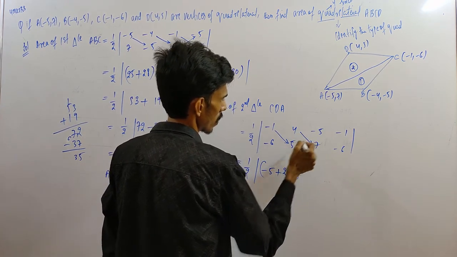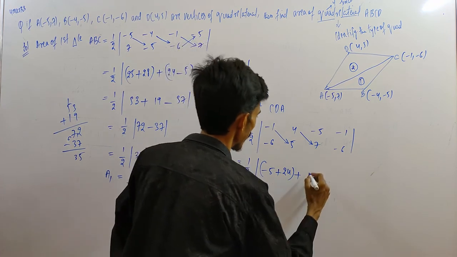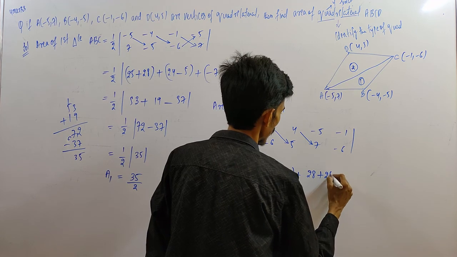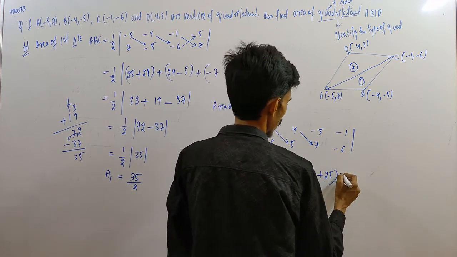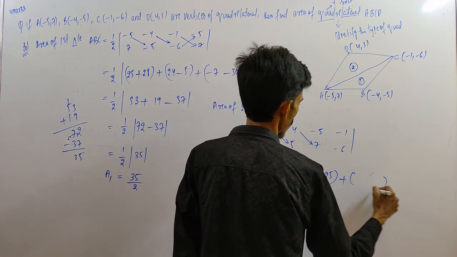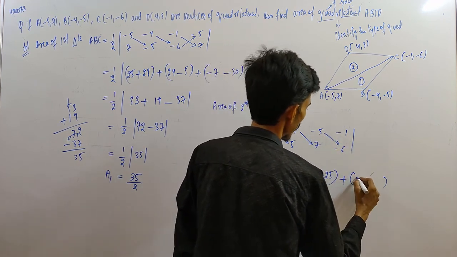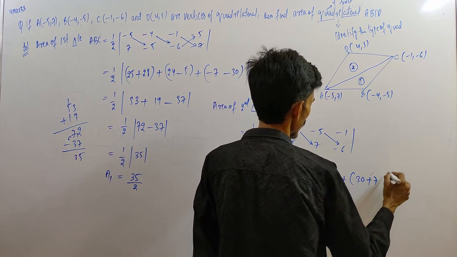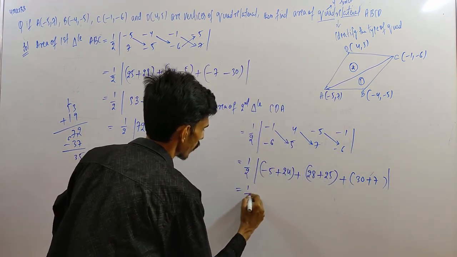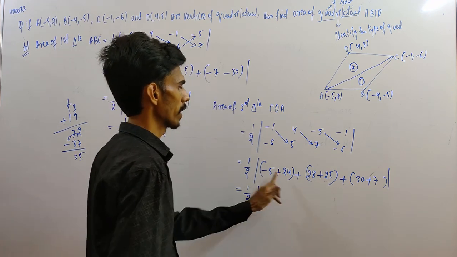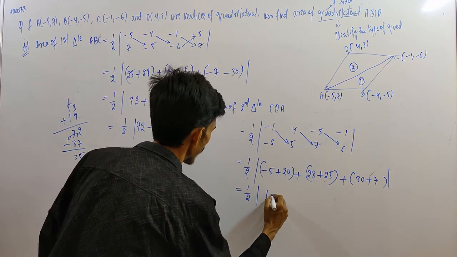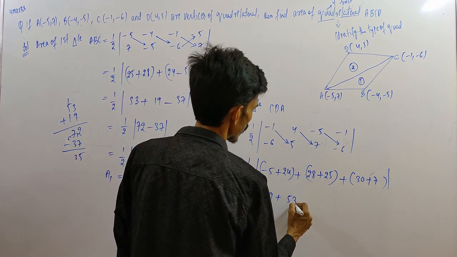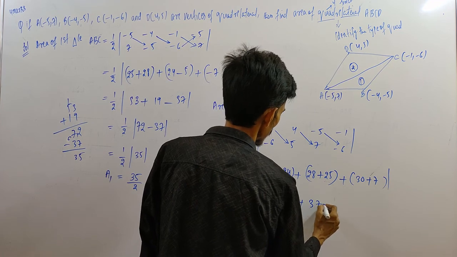Plus 7 into 4, 28. Minus 5 5s are 25, plus 25, plus 5 6s are 30, put minus sign. 7 into 1, -7, so it will become +7. So we have 1/2 mod 24 minus 5, we have 19. 28 plus 25, we have 53, plus 37.